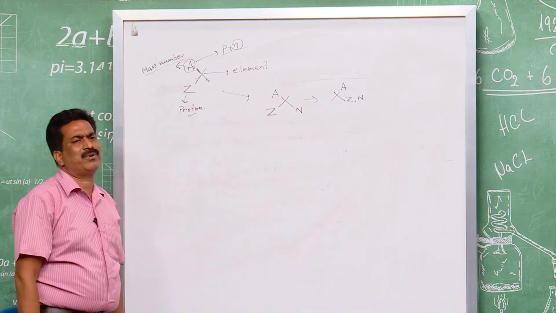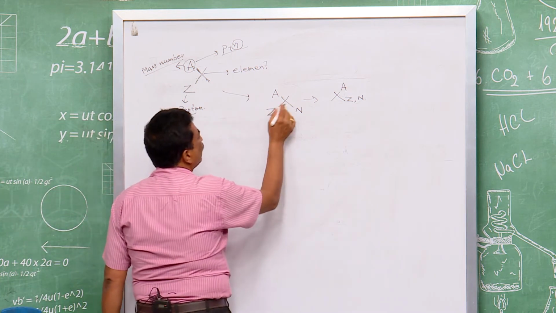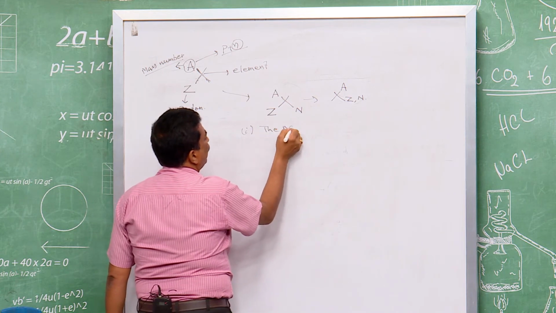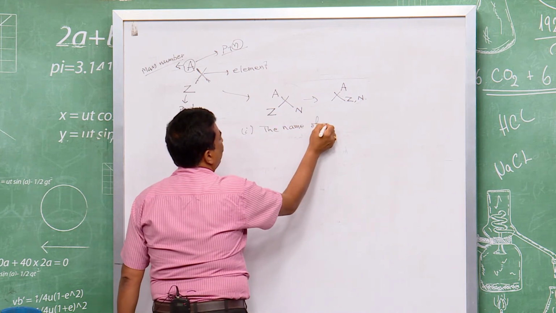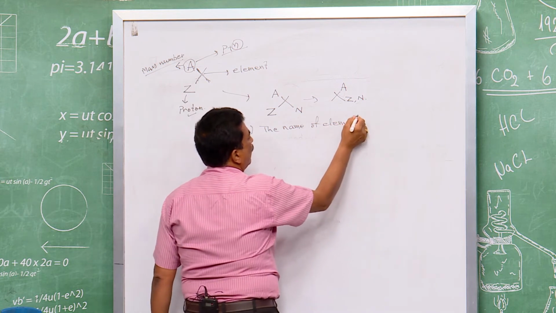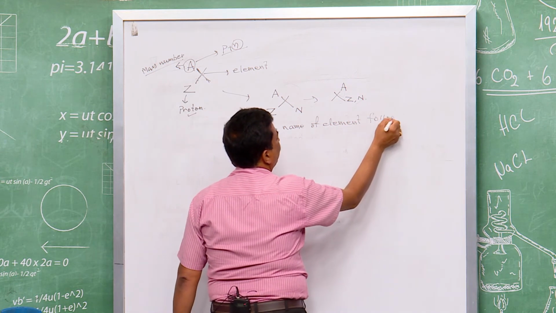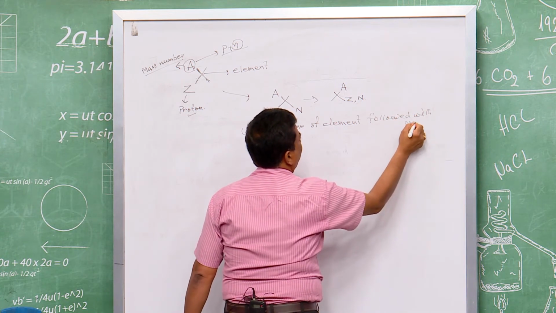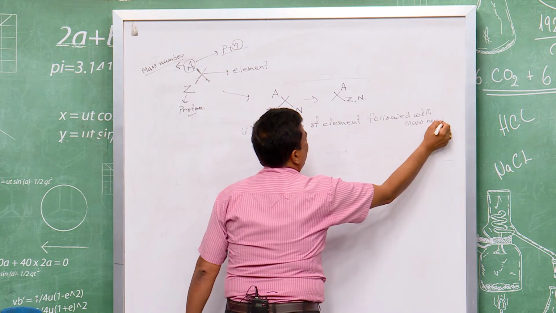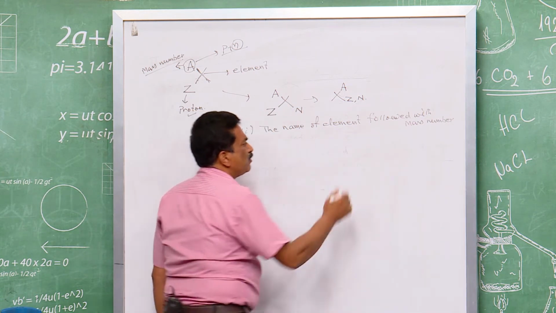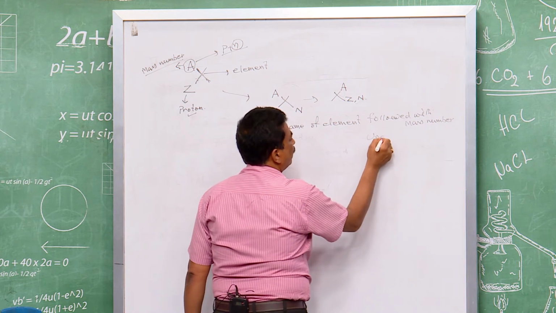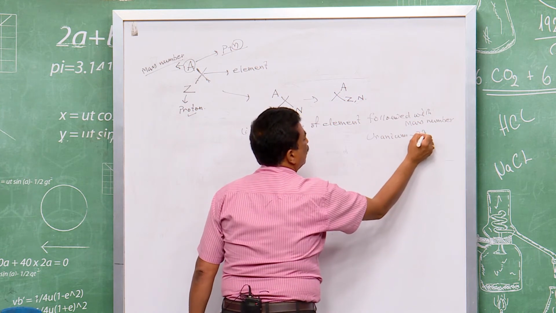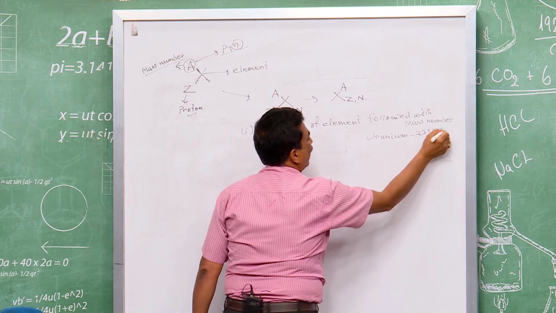This is also one type of symbolization, and among the different ways of symbolization, one is the name of the element followed by its mass number. Suppose the element is uranium, with its mass number 235 or 238, likewise.